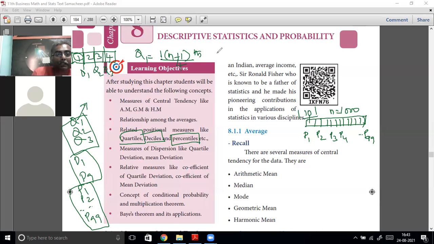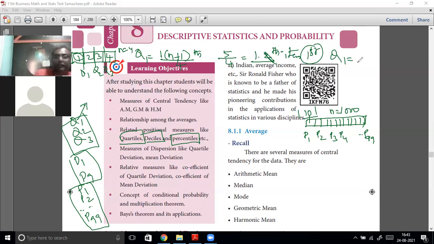N is 4 here. 4 plus 1 is 5 by 4, that is equal to the 1.2th item. If you round it off, this 2 will go off. So first item. So Q1 is equal to 1 here.